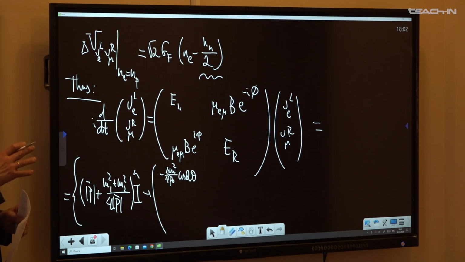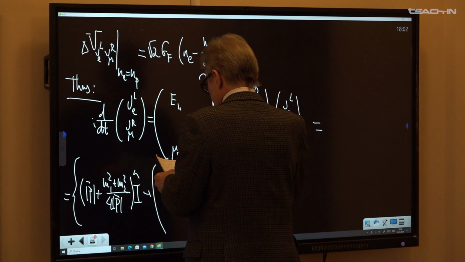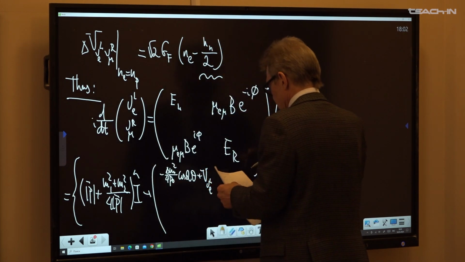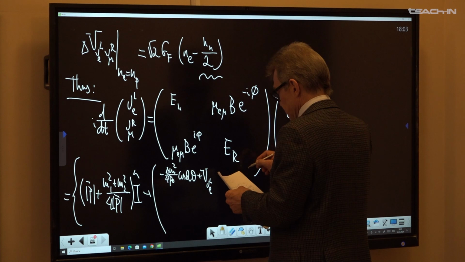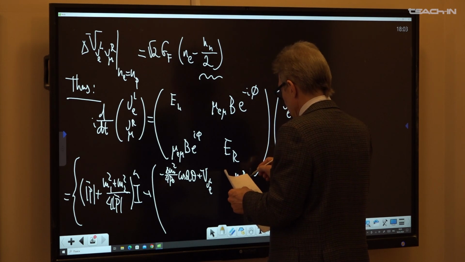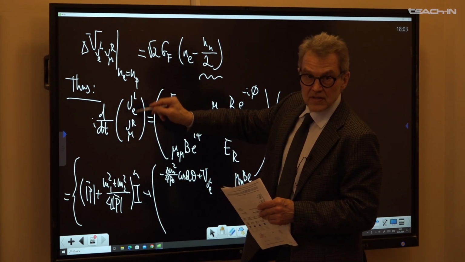Now, I included these results. Plus the potential of the left electron neutrino, then the magnetic moment in the flavor basis. Indeed, this is a transition magnetic moment, because we consider transition between different flavor states.